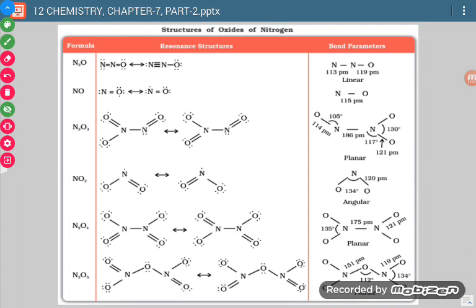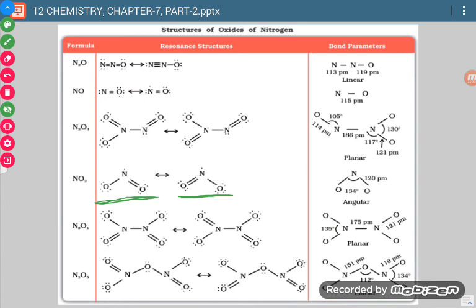Now when we talk about N2O3, we can write it like this. Either both the double bonds may be on one side or at the opposite ends. So in these two ways we can represent N2O3. Similarly for NO2, either I can place the double bond on the right side or on the left side.